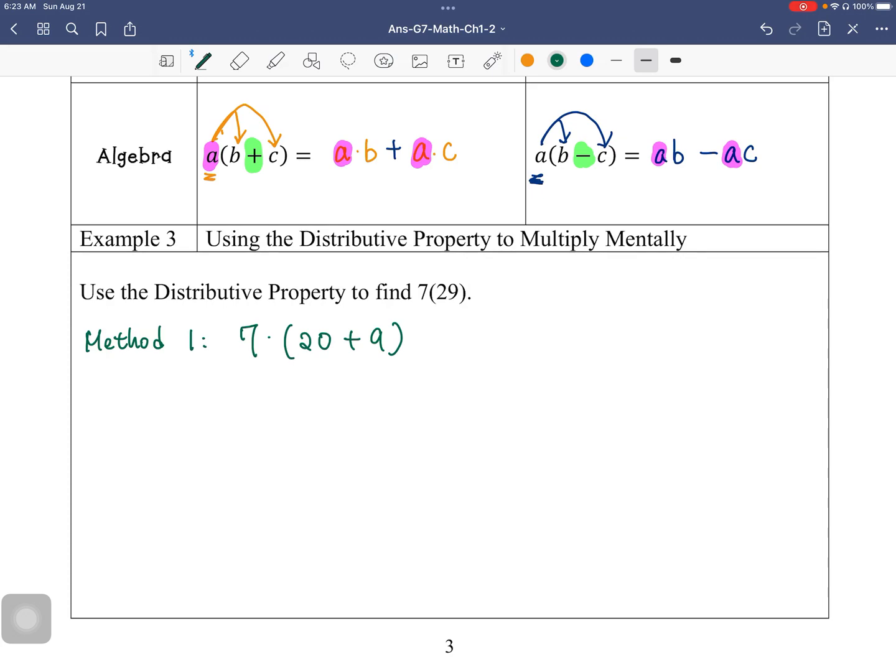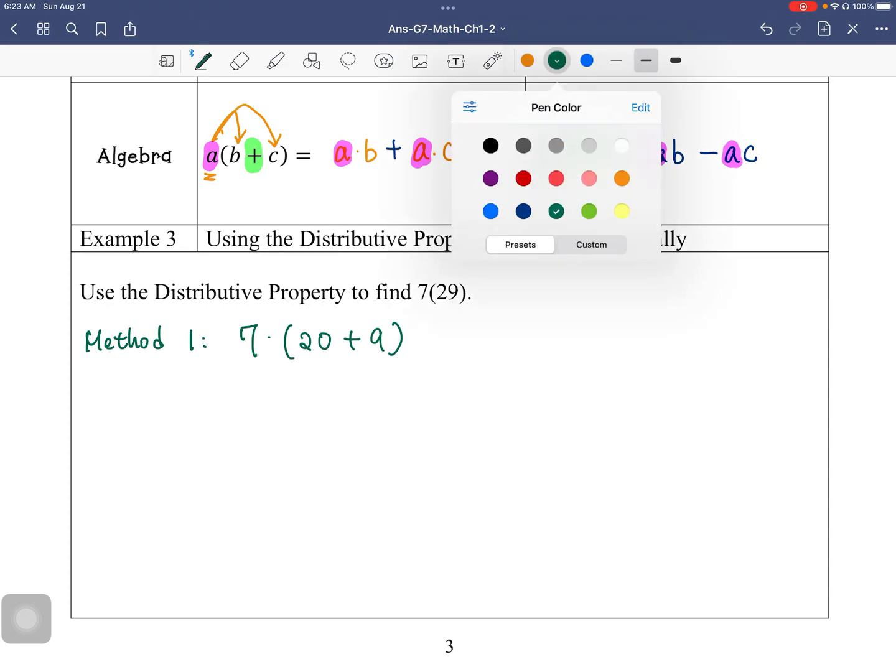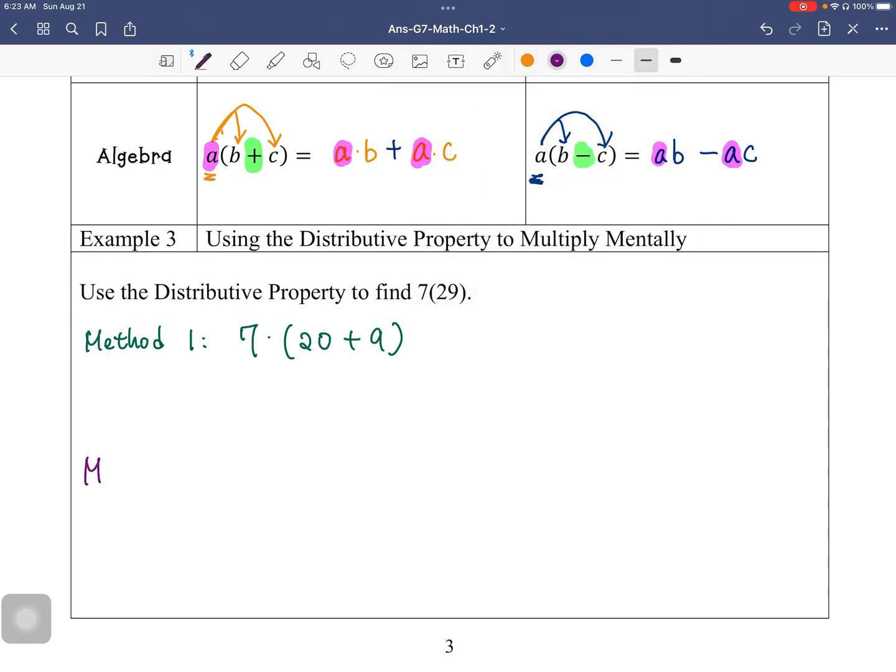The more we break down the number, the smaller it is, the easier for us to do the addition. Method 2, 7 times 30 minus 1. So we can break it down as addition or subtraction.